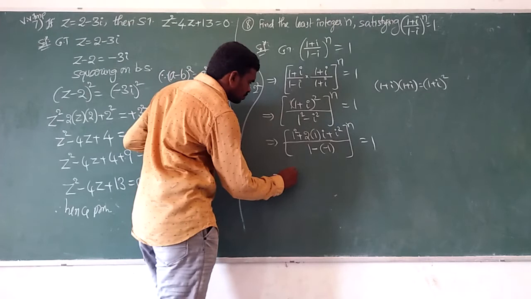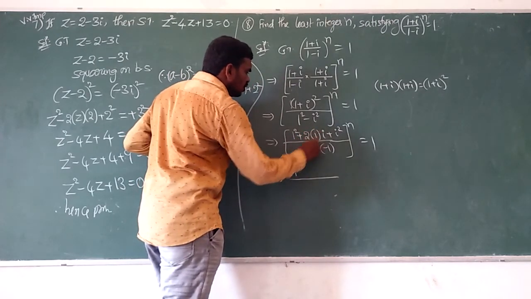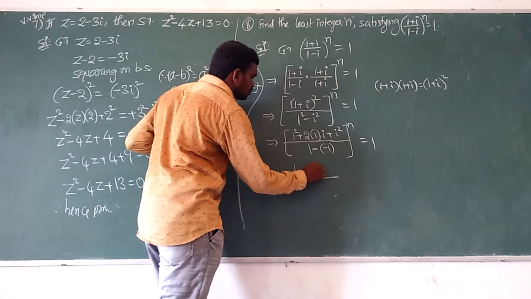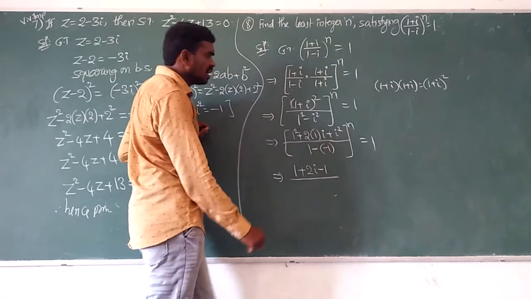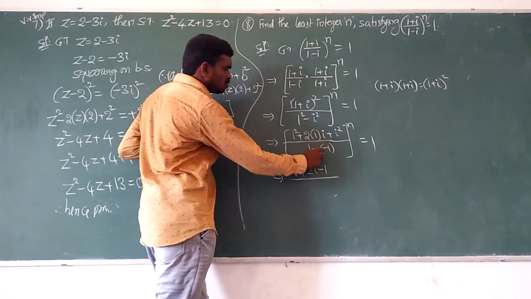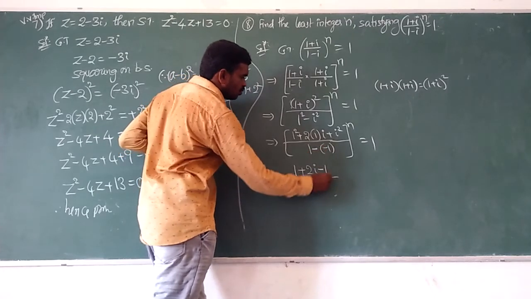Then 1 square is 1, 1 into 2 is 2i, plus i square, which is minus 1. In the denominator minus into minus gives plus, 1 plus 1 becomes 2.